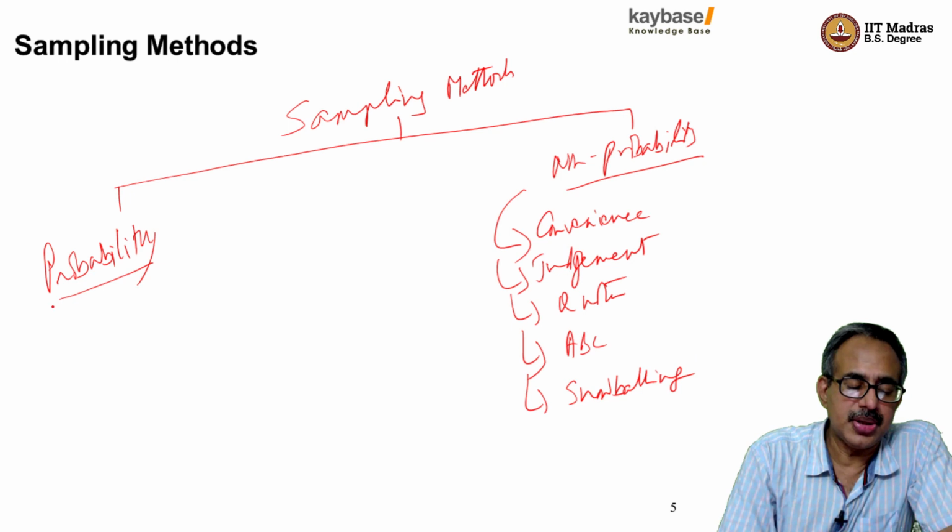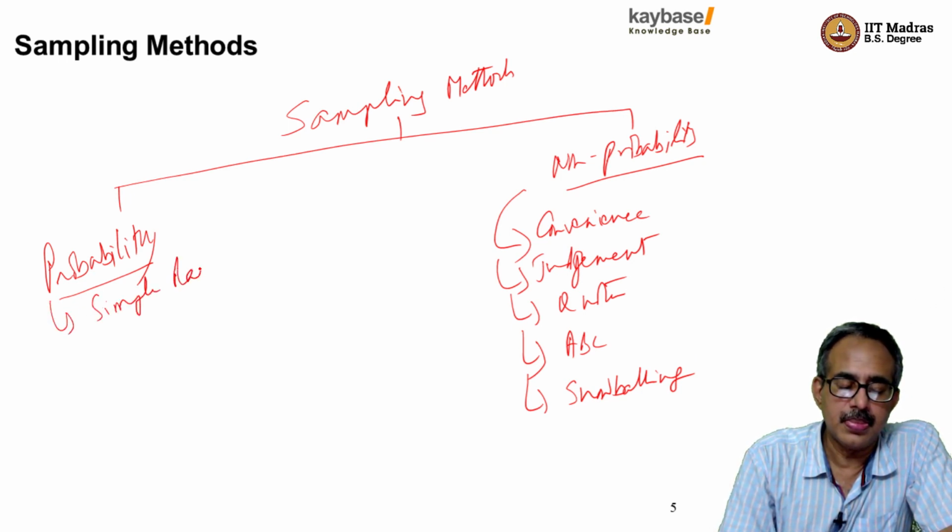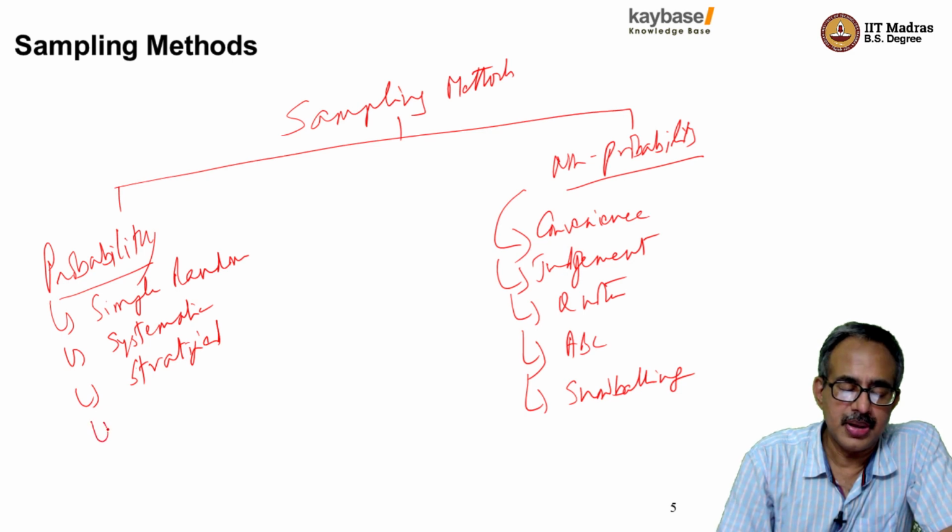And within probability sampling, there is simple random, there is systematic, there is stratified, and there is cluster.